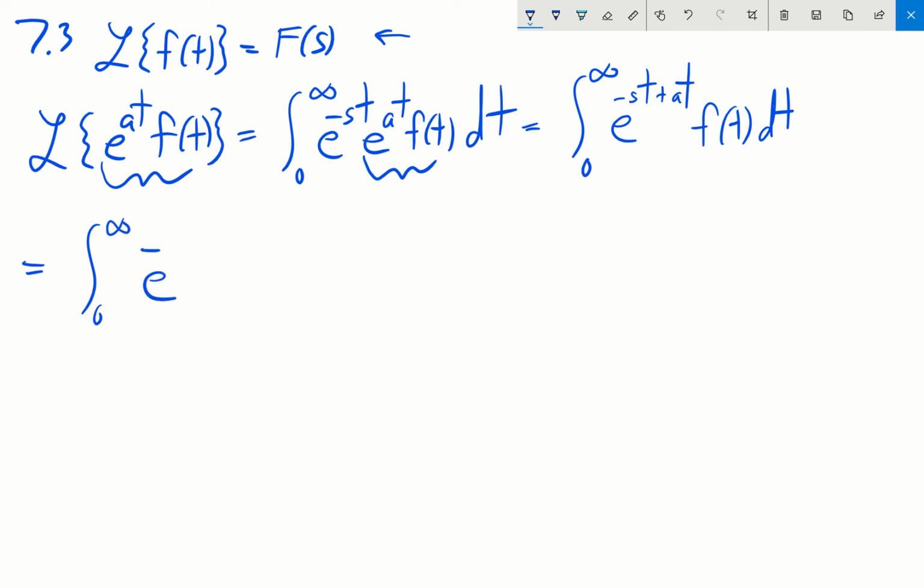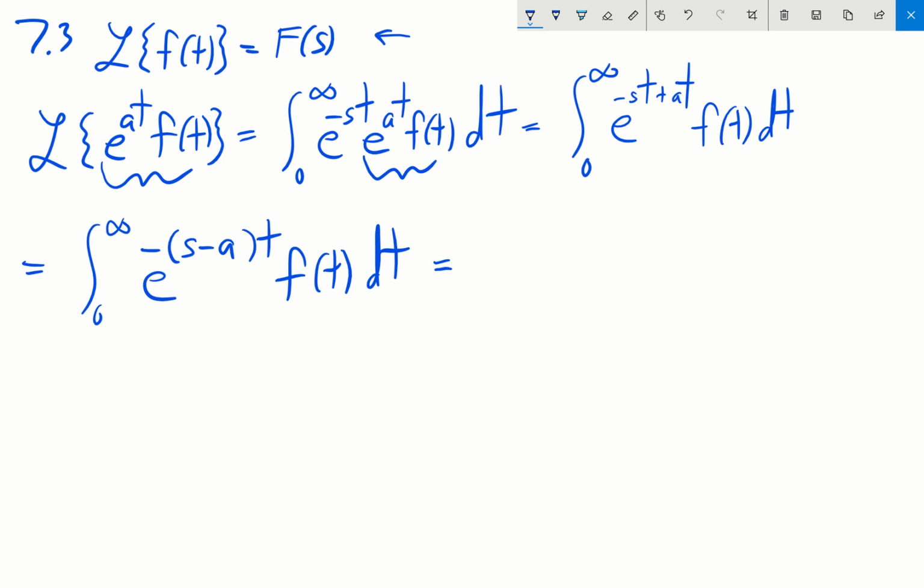I can factor a negative sign out because we want the first term to be positive. We can also factor a t out, and I'll put that at the back end. And then this would become an s minus a, and then f of t dt. And we want to explain what exactly this is equal to.